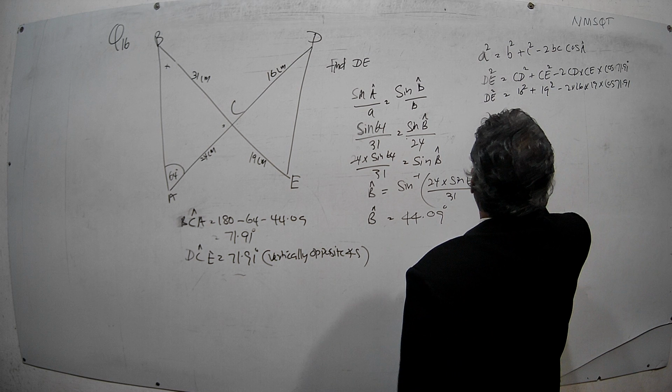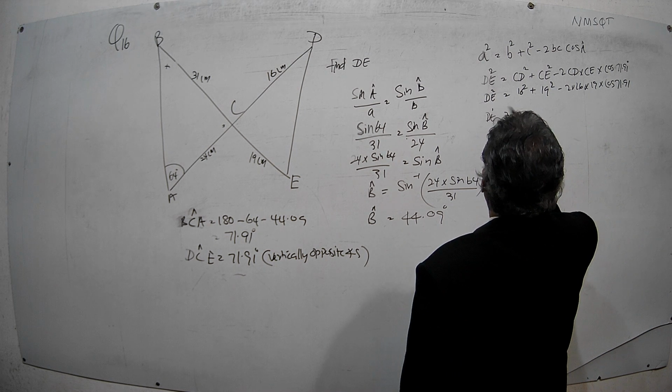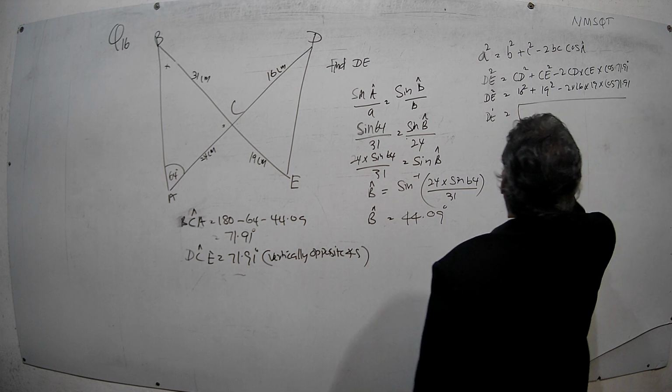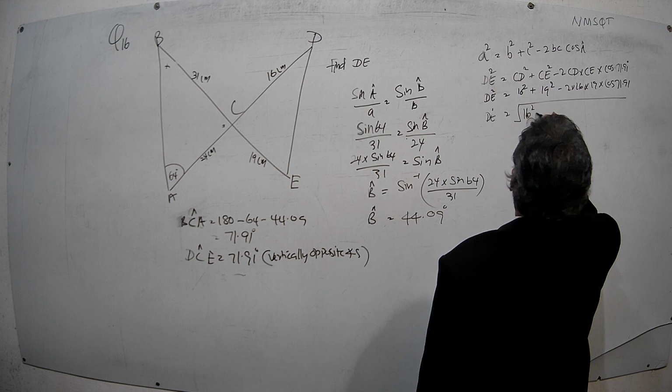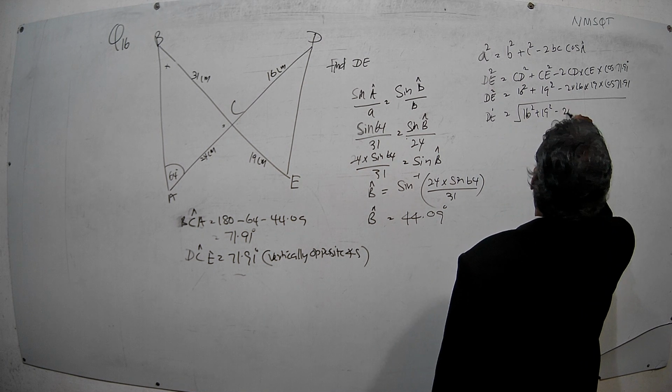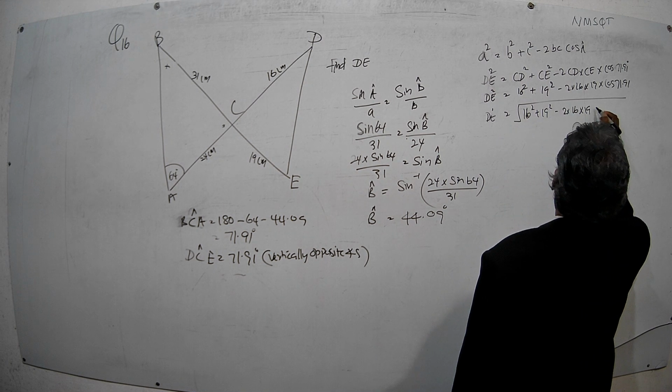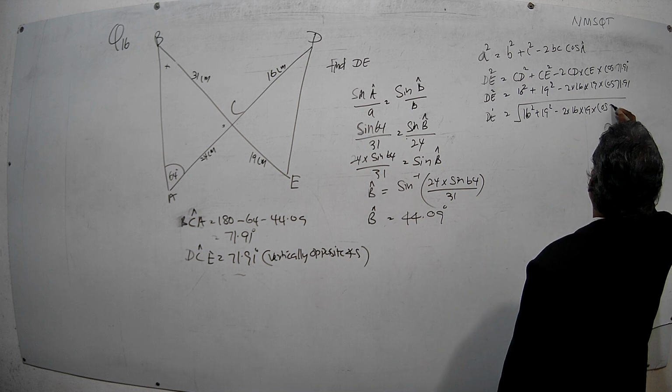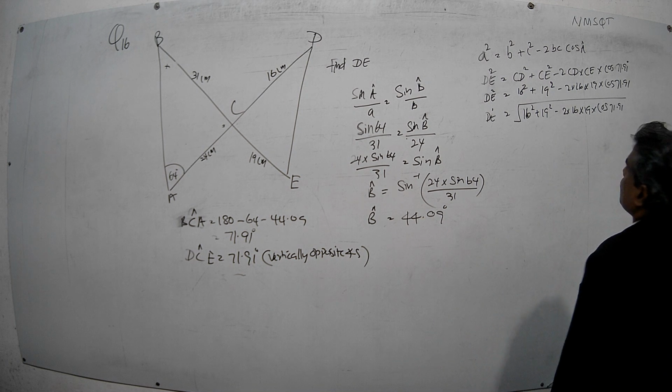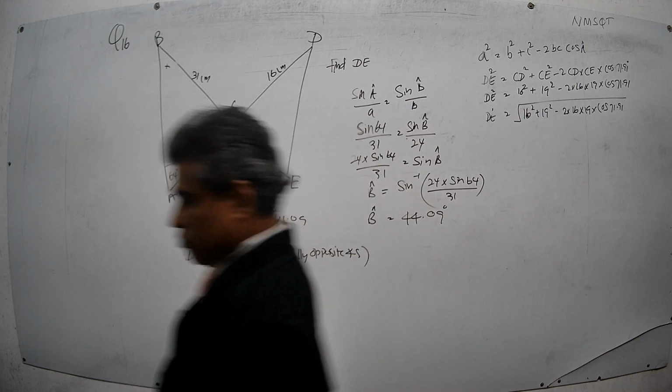Then DE equals the square root of this whole thing straight away: 16 squared plus 19 squared minus 2 into 16 into 19 into cos 71.91. Okay, use the calculator.